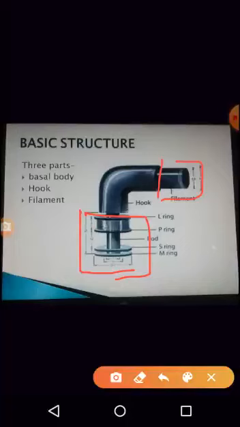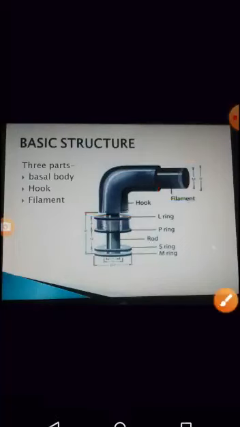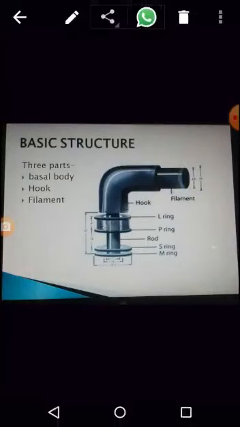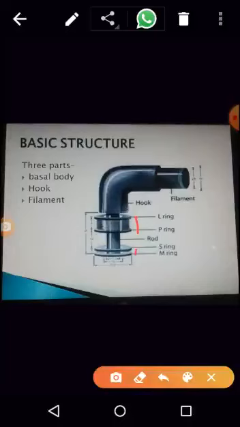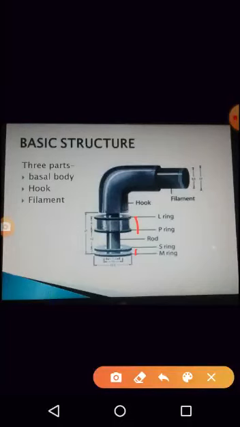Okay, now let us study the different components of the basal body. The basal body consists of rings. Now what are the different rings present on the basal body? It is divided into two sets of rings: the outer rings and the inner rings.